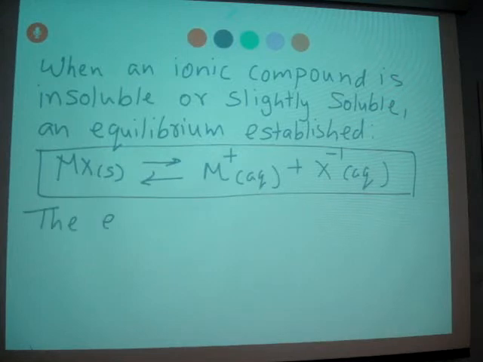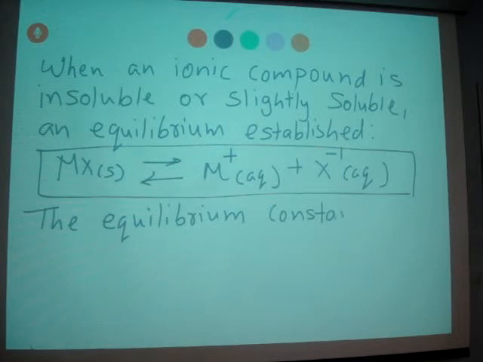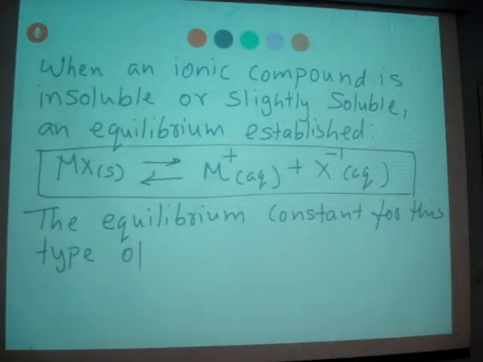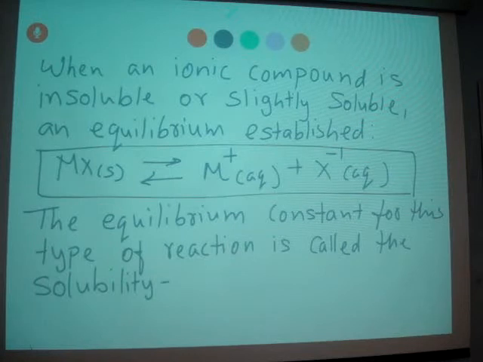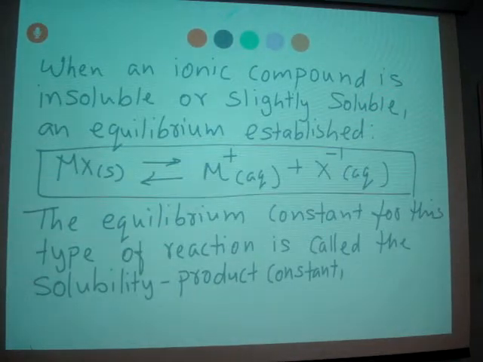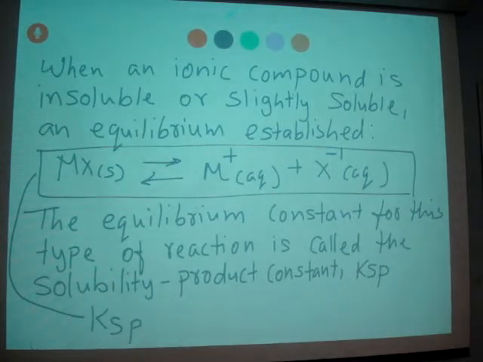The equilibrium constant for this type of reaction is called the solubility product constant, KSP, and for this reaction we write KSP equals the concentration of M plus ion times the concentration of X minus ion.